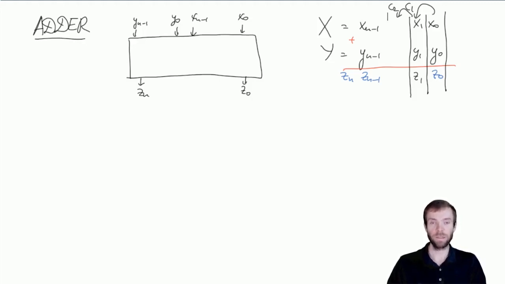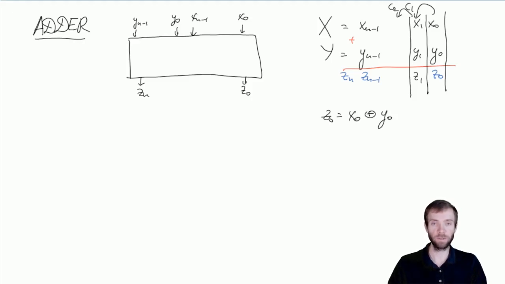So how do these z0, z1 up to zn depend on the inputs, on xi's and yi's? We see that z0 is actually the result of XOR of x0 and y0. If they are two zeros, then the resulting bit z0 will be 0.